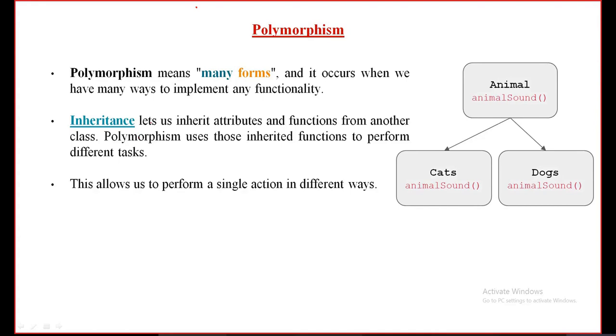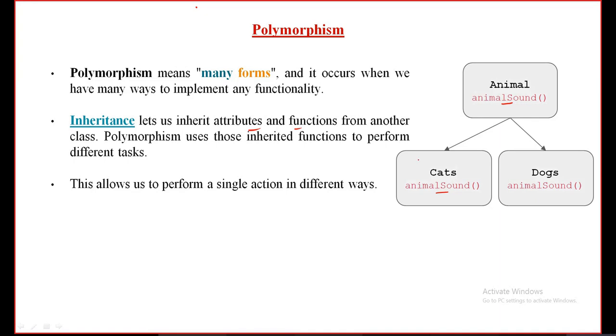Now, when we use inheritance, we know by now that all the attributes and functions belonging to a class become the members of the derived class. If we have a function animal sound present in my base class, and I have the same function with no change in parameters in my derived class, then we say that the base class function has been overridden by the derived class function.